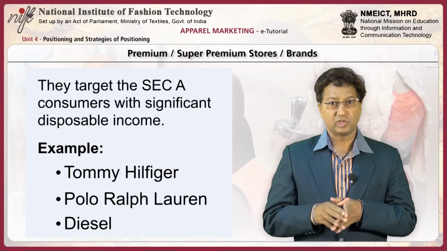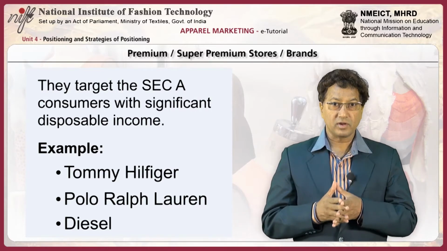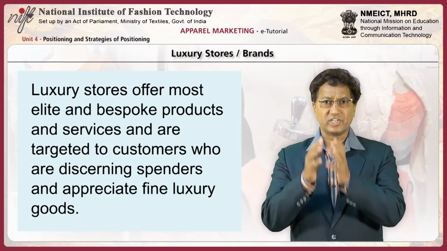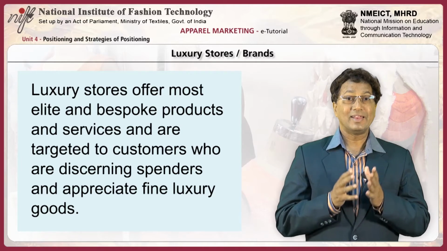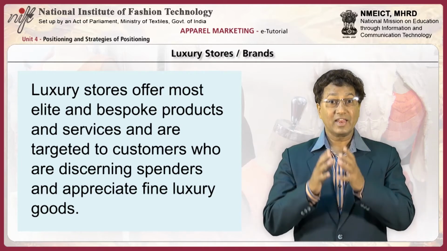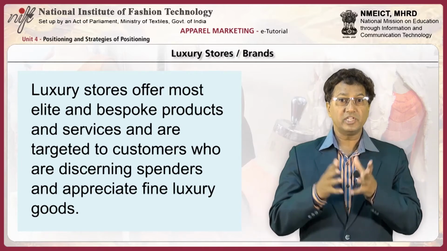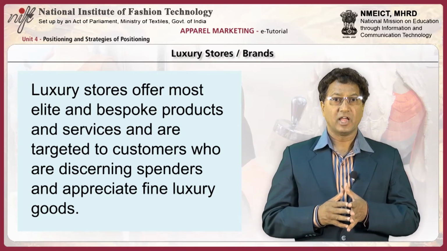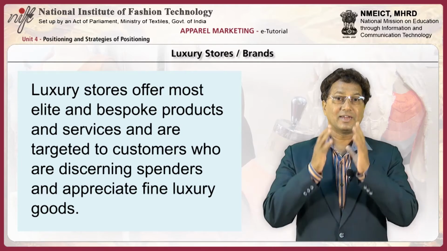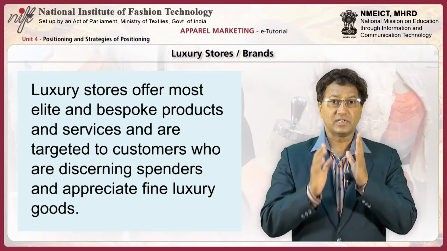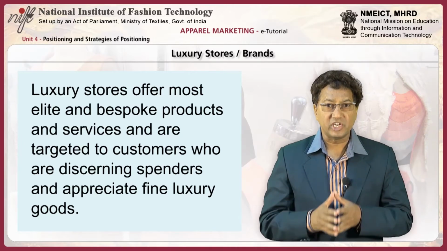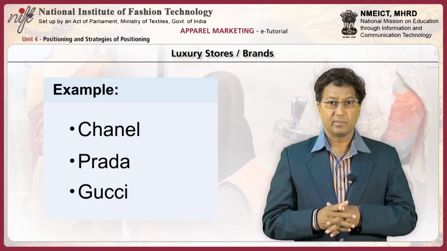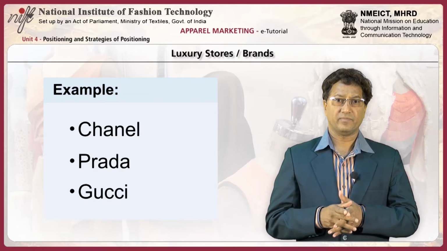For example, Tommy Hilfiger, Polo Ralph Lauren, Diesel, etc. The growth of the Indian luxury market is driven by an increasing base of ultra high net worth households. These stores offer the most elite and bespoke products and services and are targeted to customers who are discerning spenders and appreciate fine luxury goods. For example, Chanel, Prada, Gucci, etc.